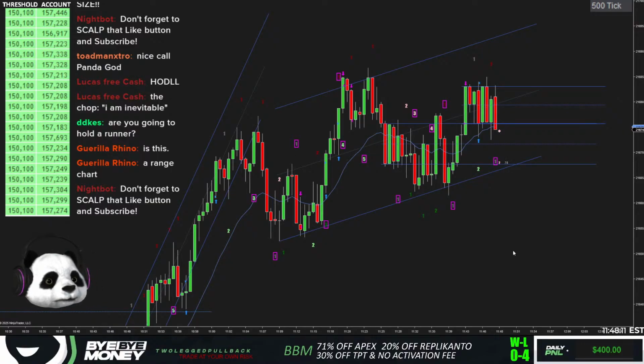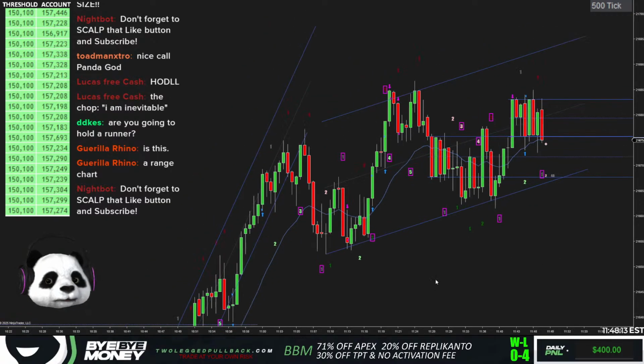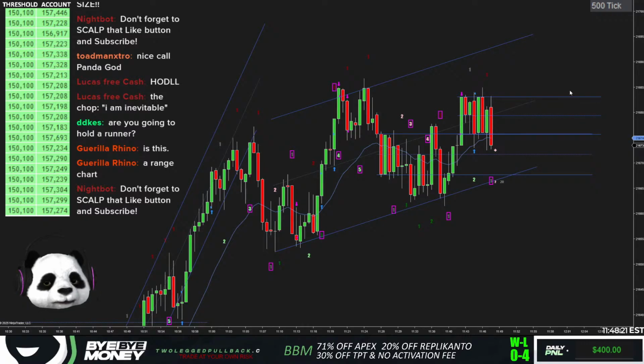I don't even know. Is it worth it? I'll try whatever. It's not even worth it because we have another trading range up here. So which trading range is it going to abide by? Who knows?